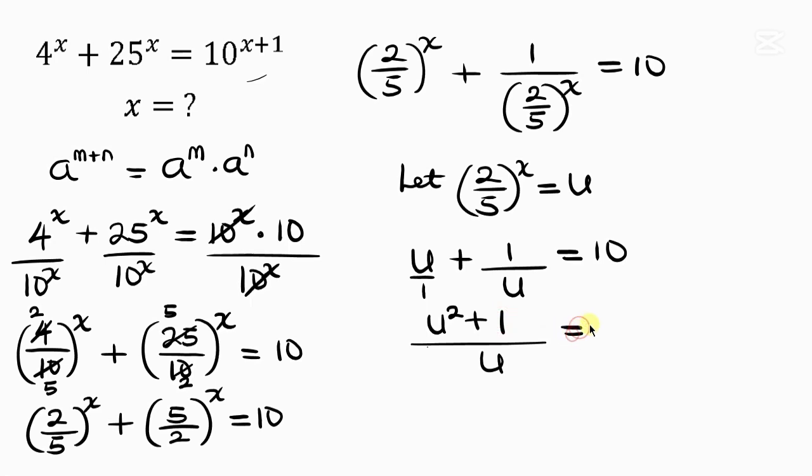And this is equal to 10. Now let's cross multiply. So when I cross multiply, I'm going to be having u squared plus 1 to be equal to u times 10 is 10u. Now let's move everything to one side. And we're going to be doing that on the next slide.